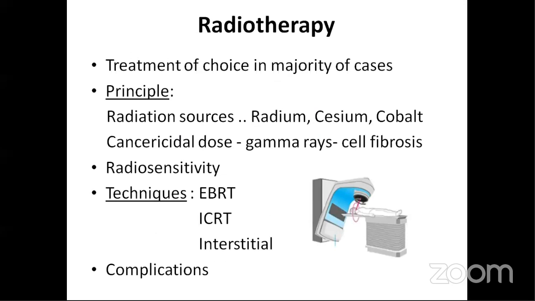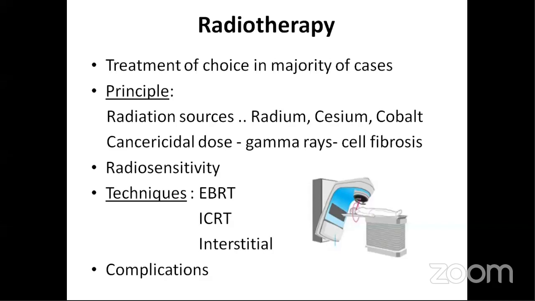Next thing is radiotherapy. This is the treatment of choice for the majority of the cases. We notice, yes, as early as stage 1B itself, we are starting with radiotherapy. The principle here is various radiation sources, for example radium, cesium, cobalt, are all used. The gamma rays from these radioisotopes, and a certain cancericidal dose is fixed for a particular tissue and for a particular person.